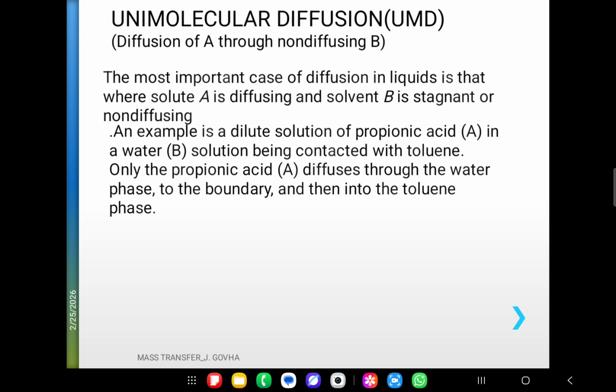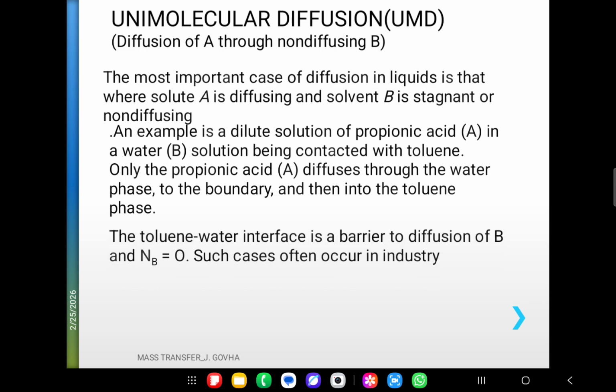Only the propionic acid diffuses through the water phase to the boundary, then into the toluene. So the toluene-water interface is a barrier to diffusion of B, which is water. So NB is 0.